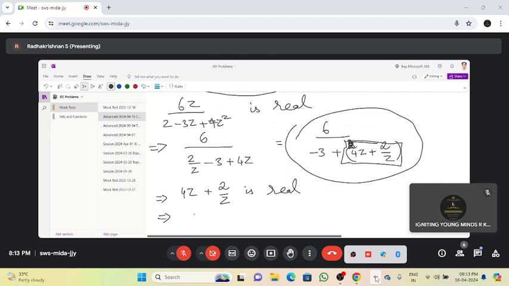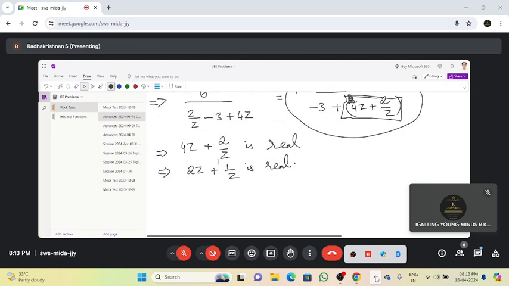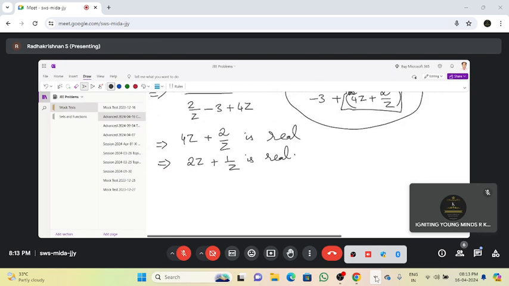So we can divide it by 2, and we get 2z plus 1 by z is real. So in the bigger problem, we have now simplified it.